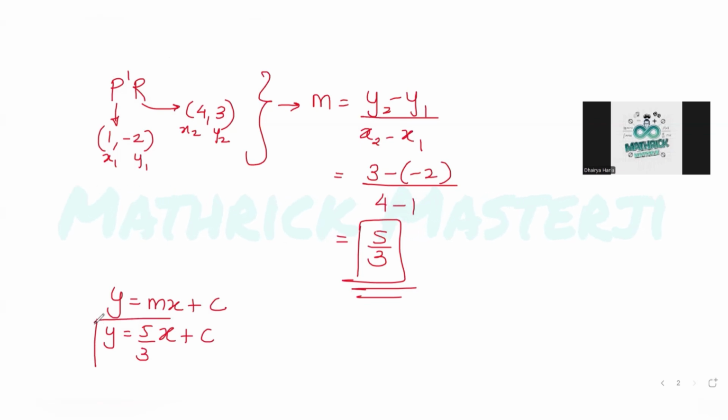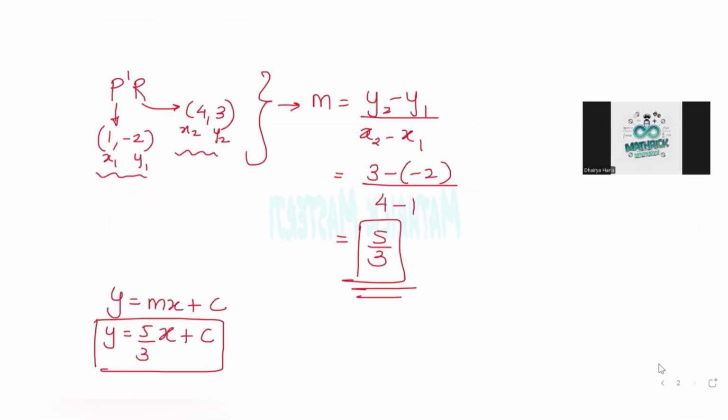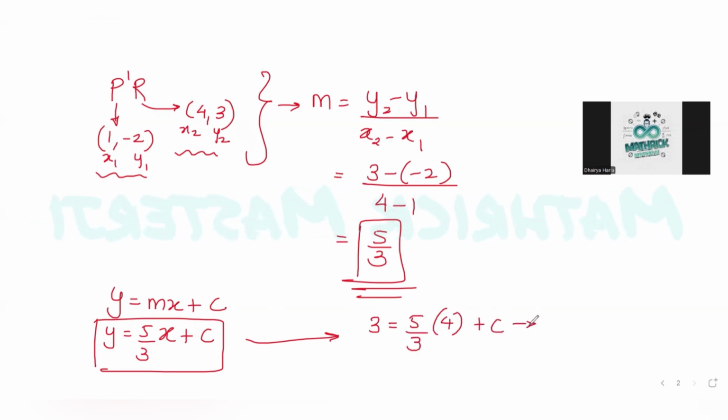To find it, I can use the idea that both P dash and R lie on this same line, so any one of the points, if I substitute, will satisfy the equation. Let's put the coordinates of R: y is 3 and x is 4. So I get 3 equals 5 over 3 times 4 plus c, which is 20 over 3 plus c.